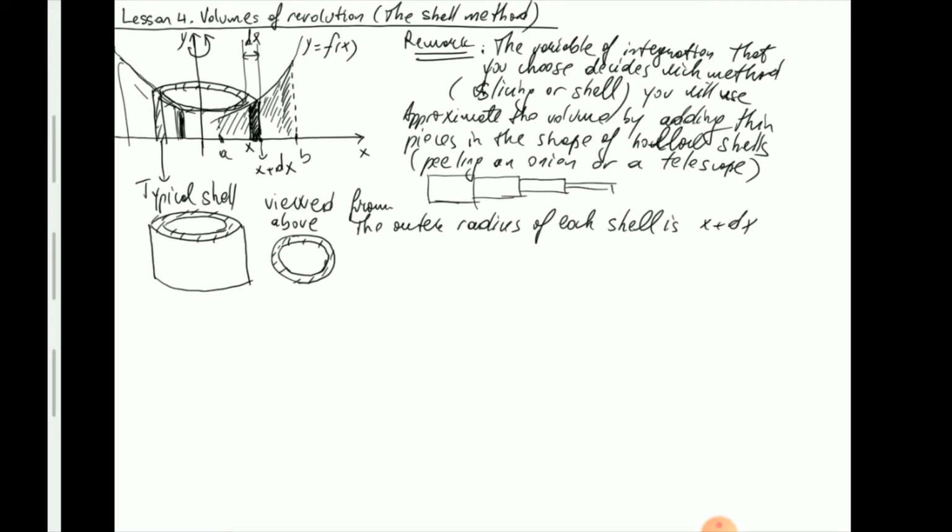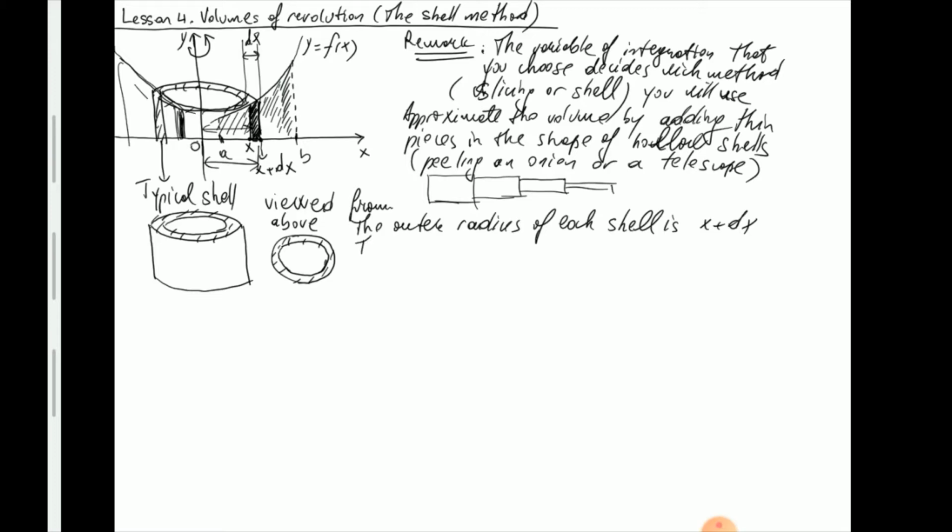In this case, the rotation is about the y-axis. Again, this will change if we switch the rotation to a different axis. But if you look back to the picture here, the outer radius is x plus dx, the distance from the origin, because the axis of rotation is the y-axis. And the inner radius is the x coordinate.